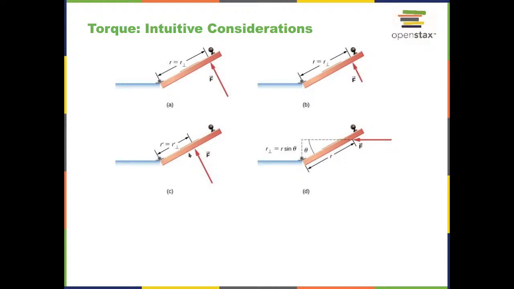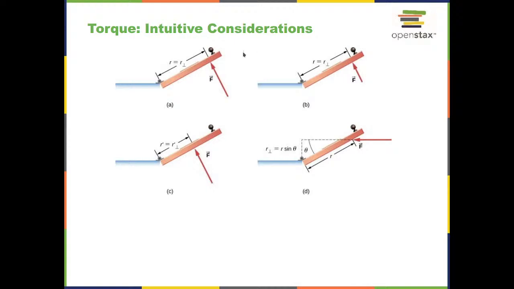So we have a hinge here, a door. Excuse me. And we're applying a force against this door. Now, depending on where we apply the force, if we apply the force closer to the hinge, we have to push harder to open the door with the same angular acceleration. If we push further out, and of course that's where the doorknob is for good reason, then we don't have to push as hard.